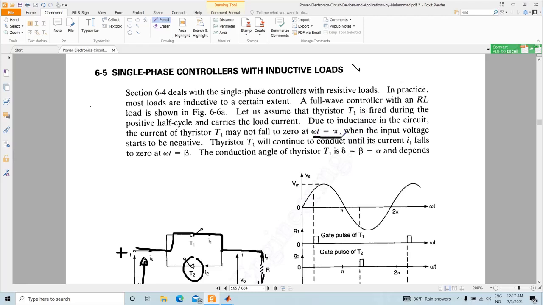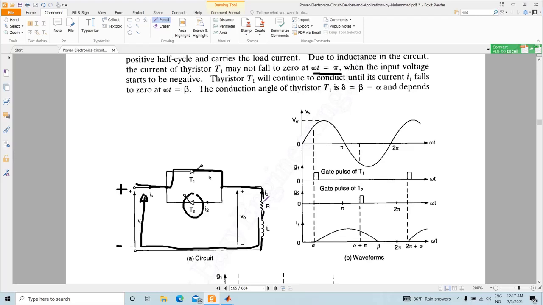This is very, very important, because if it is an inductive load, then thyristor 1 will not cease conduction at omega t equals pi when the input voltage starts to be negative. Rather, it will continue to conduct until the current in the thyristor becomes 0.